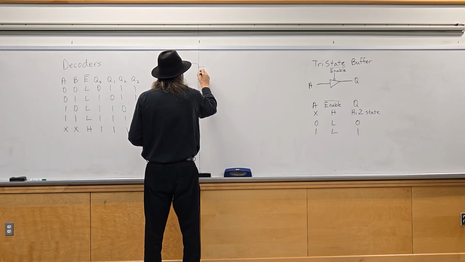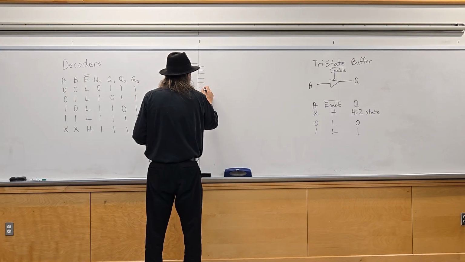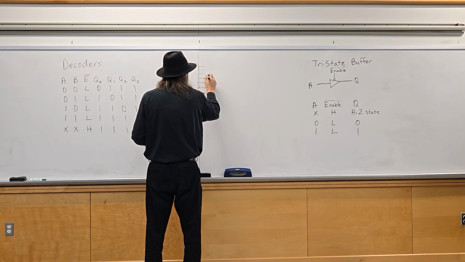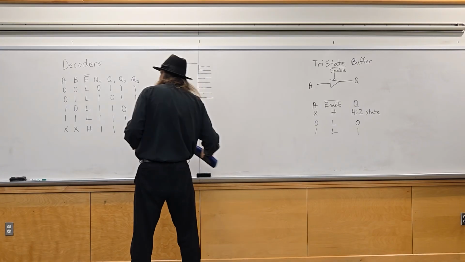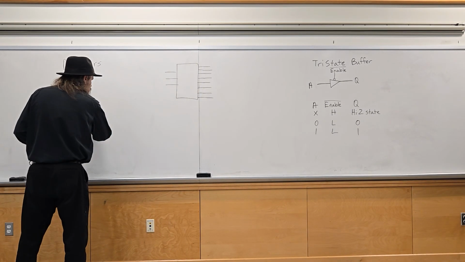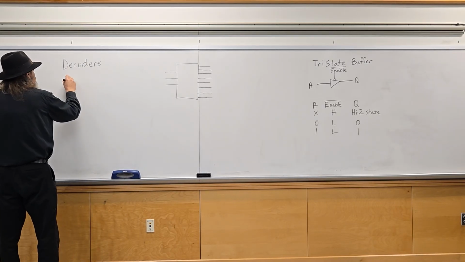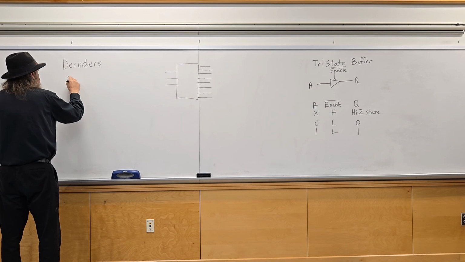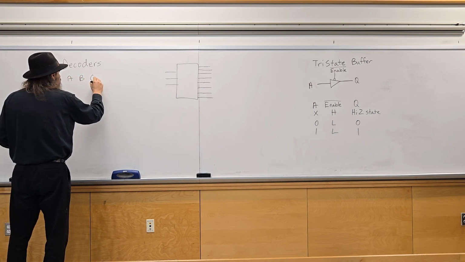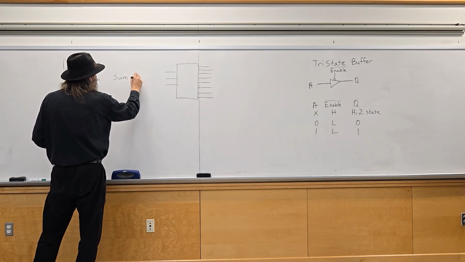You have 2, 3, 4, 5, 6, 7, 8. And let's look at a full adder. A full adder is A, B, and Cn, right? And you have a sum and a carry.